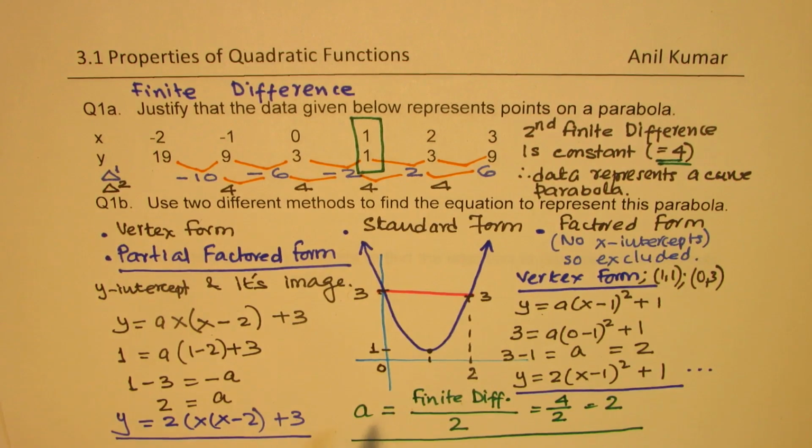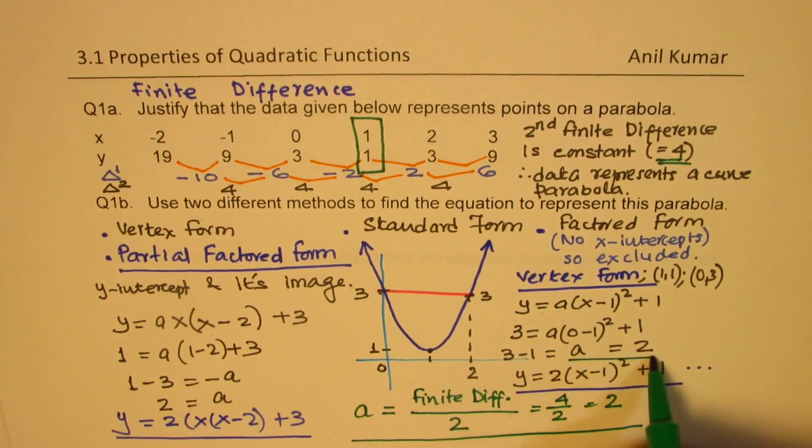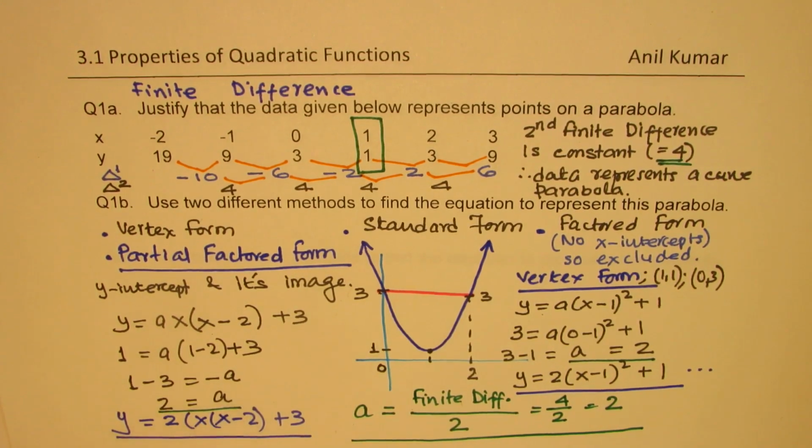Now imagine if you knew this formula, then in one shot we could have written the equation in both partial factored form and vertex form. We don't have to do this calculation to find a equals 2. We found a equals 2 in both cases, which was not really required once you understand that the finite difference divided by 2 is the value of a.